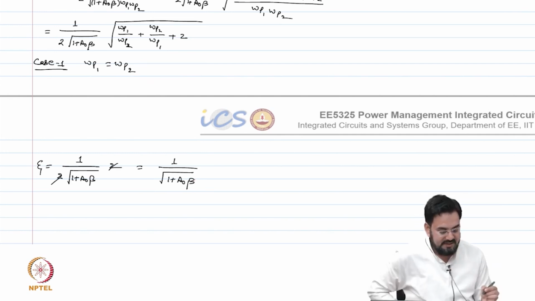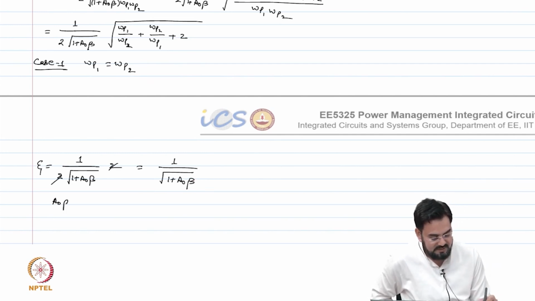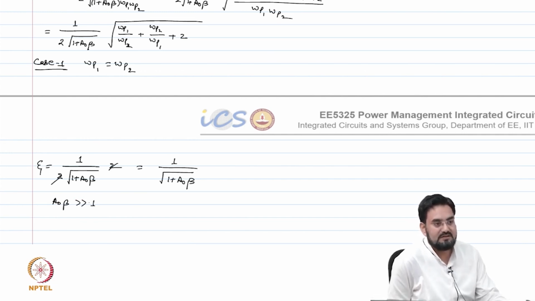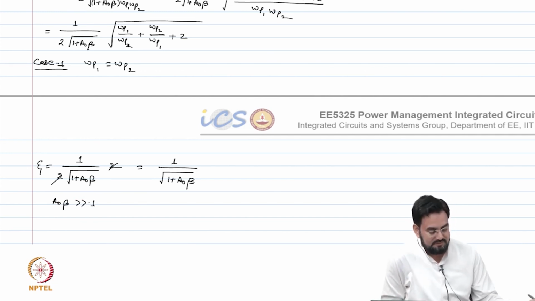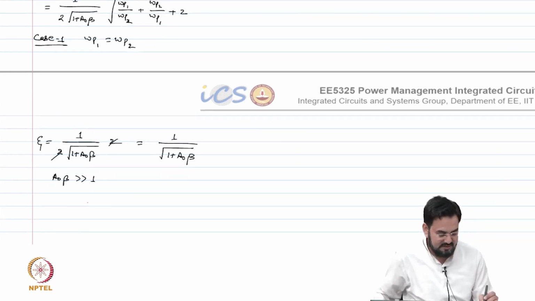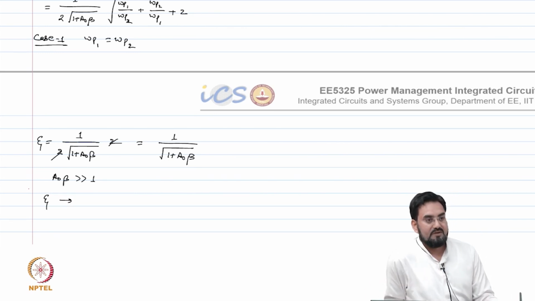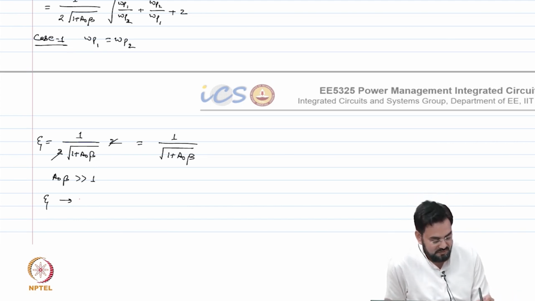Okay, and what is A beta usually? Much larger than 1. So, for this case, what will happen to zeta? Zeta will tend to 0.